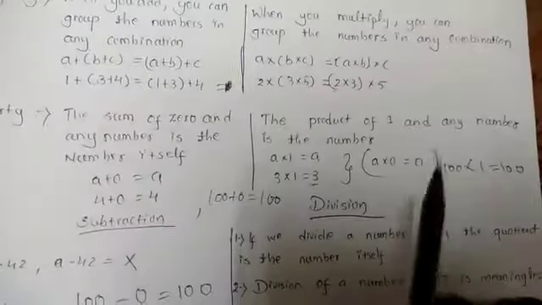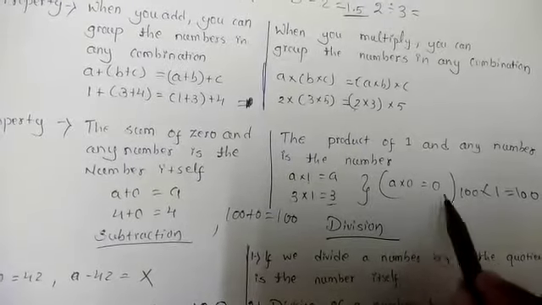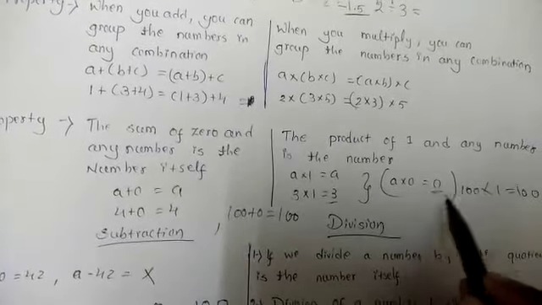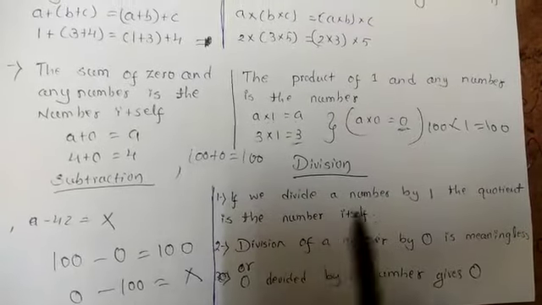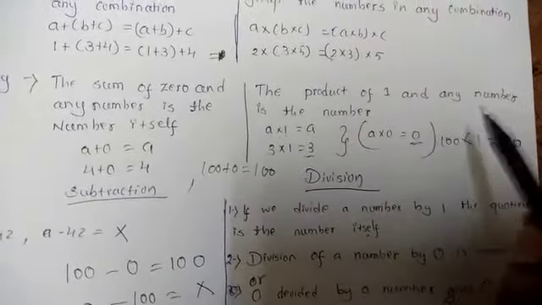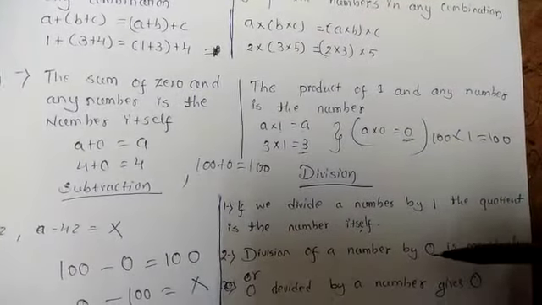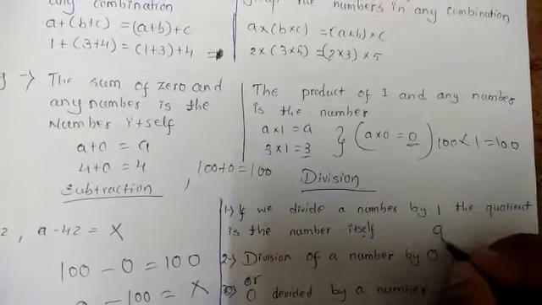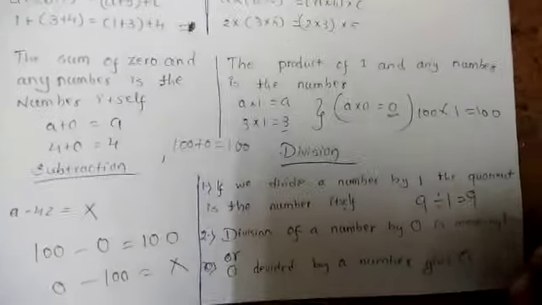But in multiplication, if you multiply with 0, you will get the answer 0. Division: if we divide a number by 1, the quotient is the same number itself. As we get to know, when you are dividing any number, suppose 9 divided by 9, the quotient is 9 only.